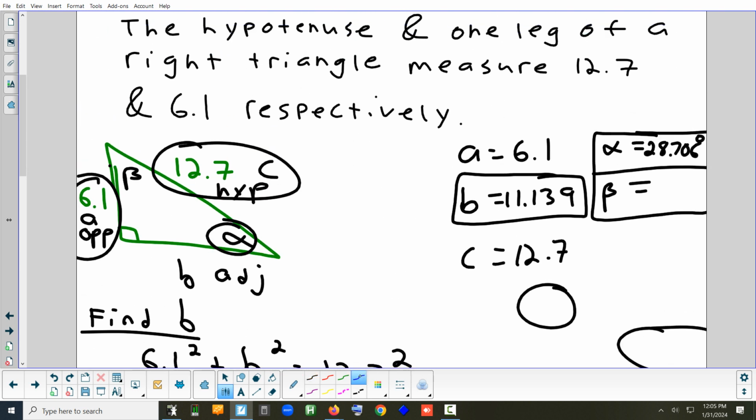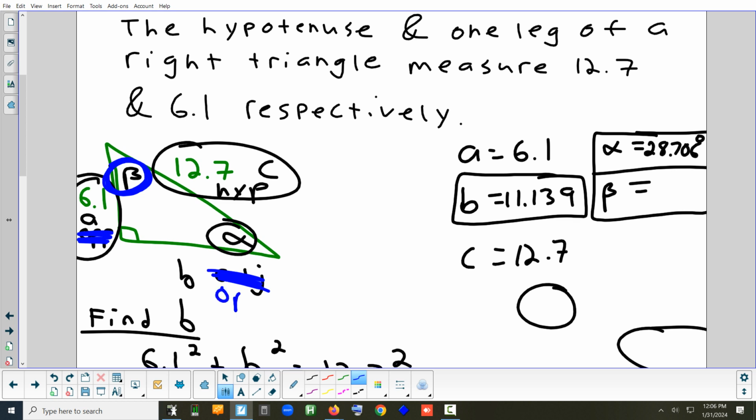Now, this time, we're using beta, so our perspective in the triangle is going to switch because we switched our angle. Because we switched our angle, the names opposite and adjacent no longer apply to those sides. Now, everything is from the perspective of beta.